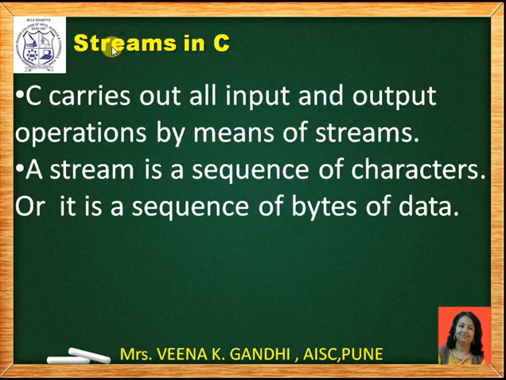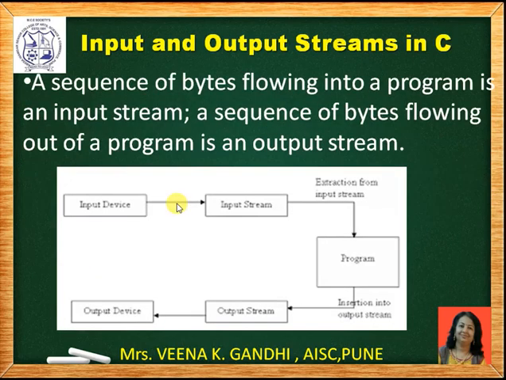Now what do you mean by streams in C? In C programming, all input and output operations are done by means of streams. A stream is a sequence of characters, or you can say a sequence of bytes of data moving into a program. There are two types of streams, input and output streams.